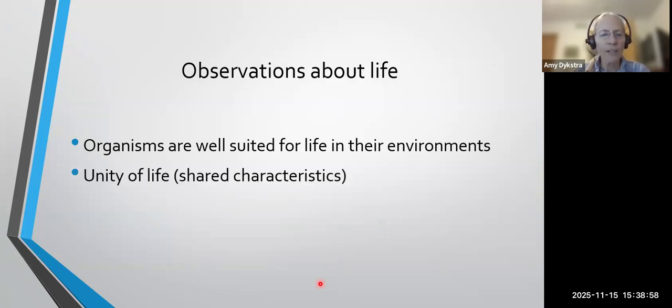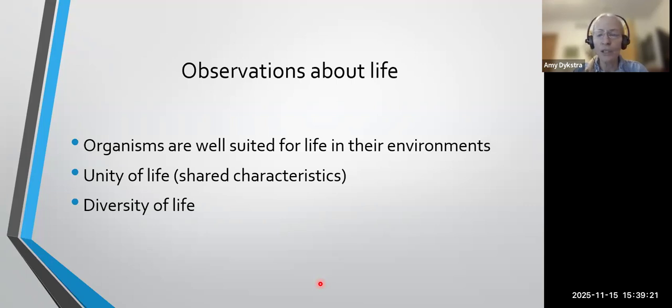And there are lots of shared characteristics among organisms, and I'll give you lots of examples of those in the next couple of videos. Lots of similarities among living things, but also there's a huge diversity amongst living things. The mantis is very different from a person, and it's very different from that orchid that it lives on.